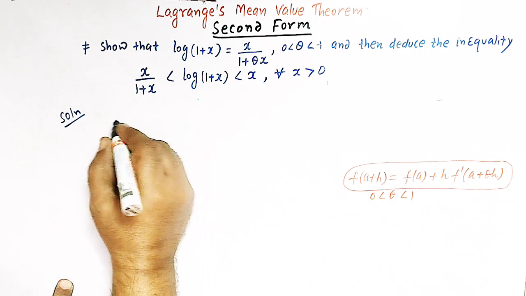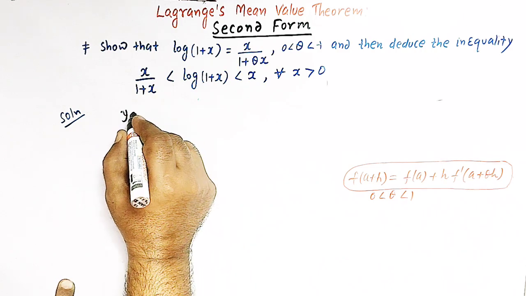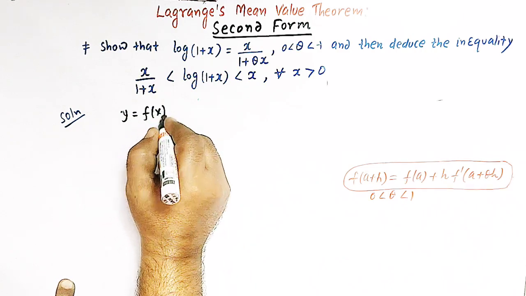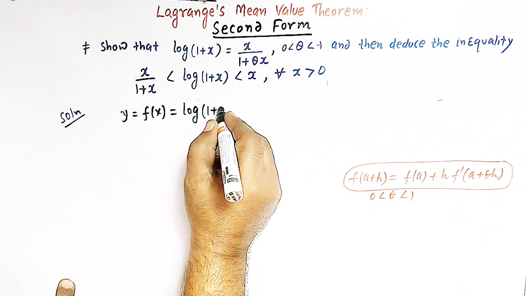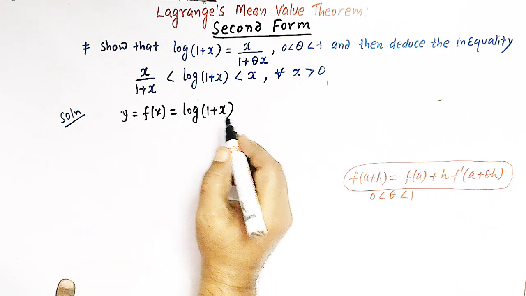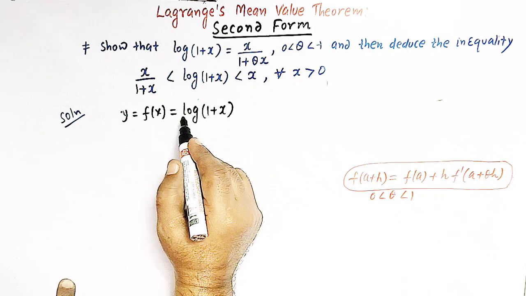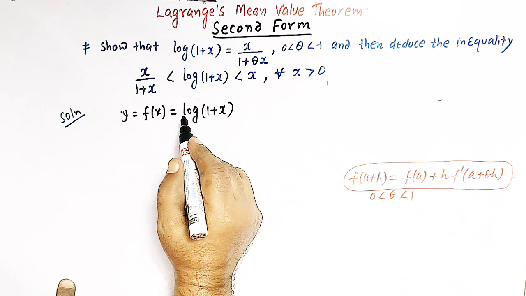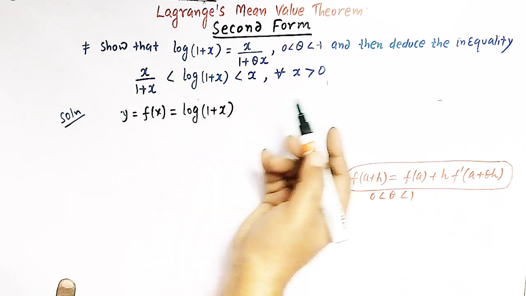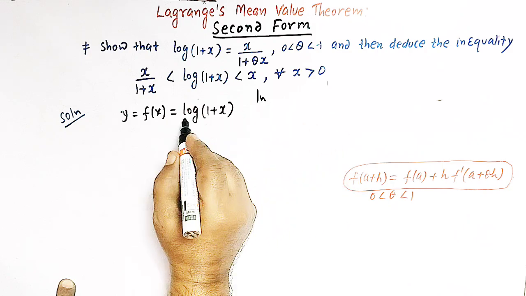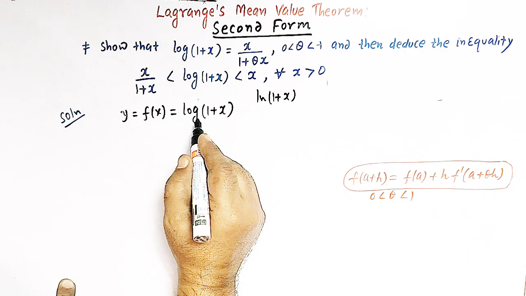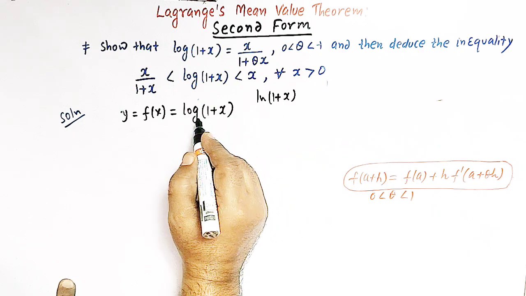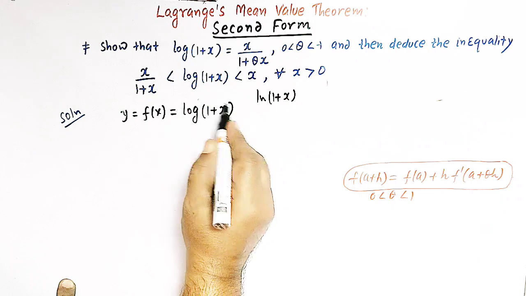So now consider a suitable function, say y is equal to f of x, that is equal to log of 1 plus x, right? And here we are using the notation log for the natural log. So we can also write natural log of 1 plus x. So here the base of the logarithm is the exponential number e, and here we'll prefer this notation.